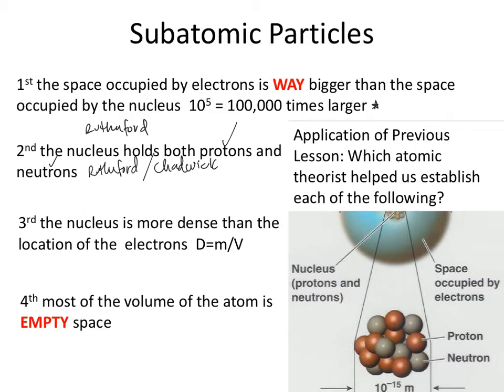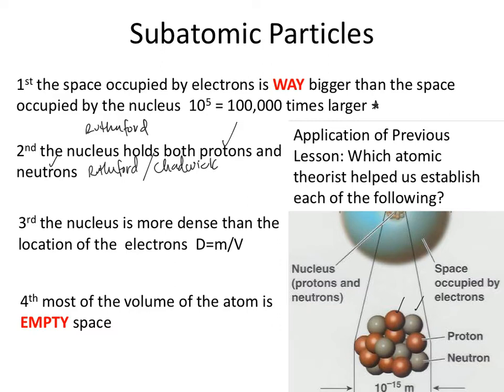All right, the third concept that we've discussed previously is that the nucleus is more dense than the location of the electrons. Remember, first of all, we have most of our subatomic particles, our protons and our neutrons, in the nucleus. We also just learned that the proton and neutron are the heaviest subatomic particles by significant value, and they occupy the smallest quantity of space.